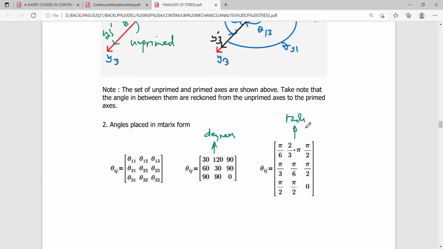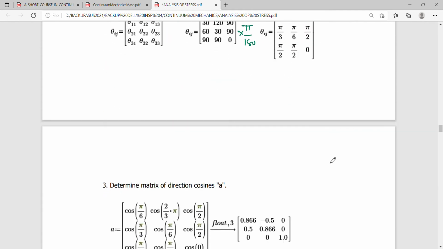I just converted it to radians by simply multiplying it by pi over 180, and then you can get this here. Take note that the MathCAD tool or the calculator I will be using later uses radians as the basis for the unit of angles.